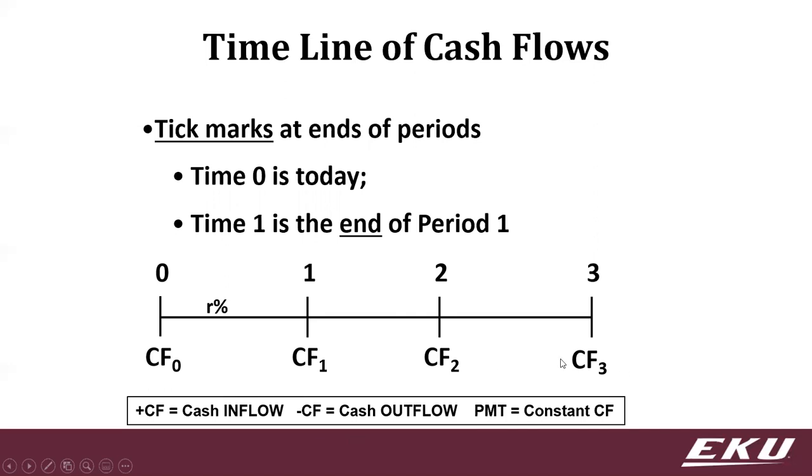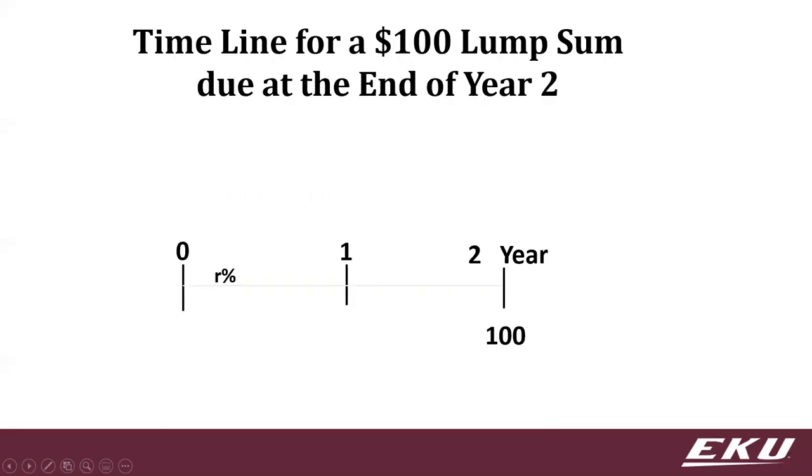Then these cash flows here would be any periodic cash flows. So you could have, for instance, a bond that's paying a coupon every 6 months. And so I would have those coupon payments, and then at some future date, I would get the par value.